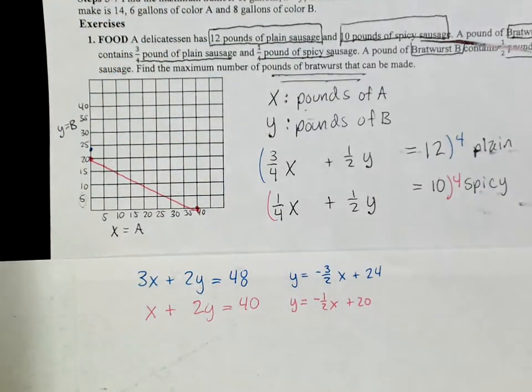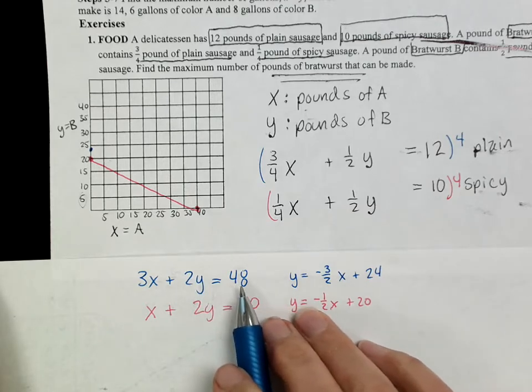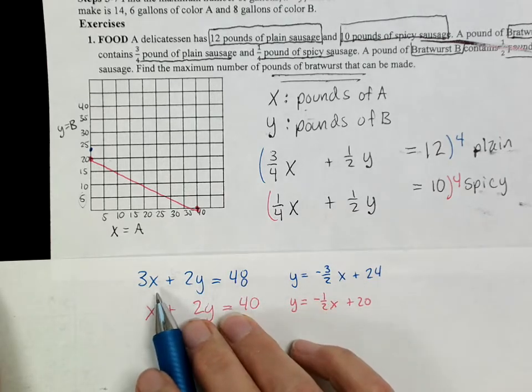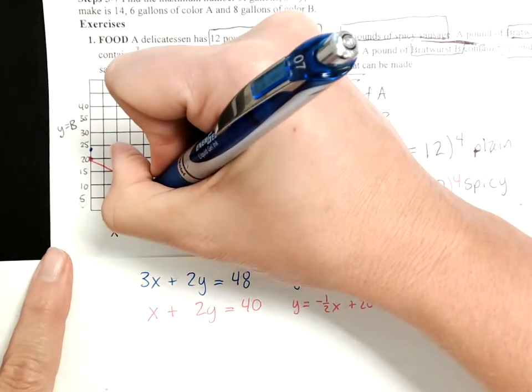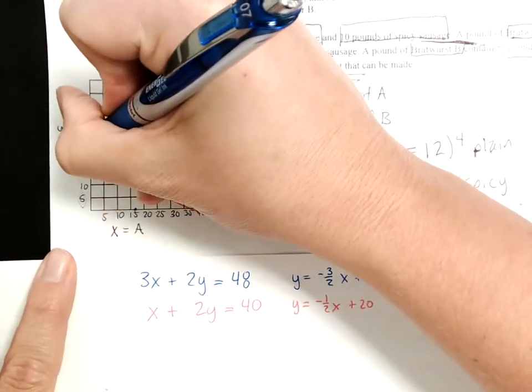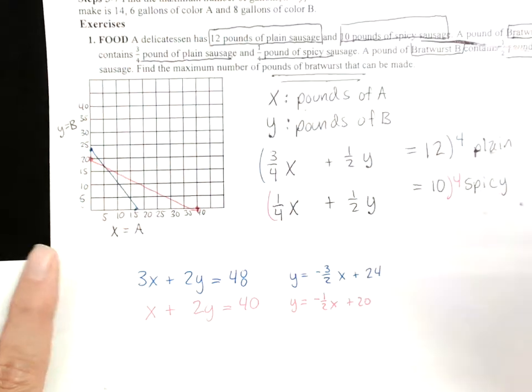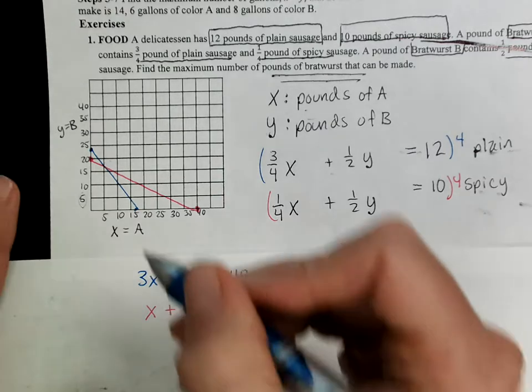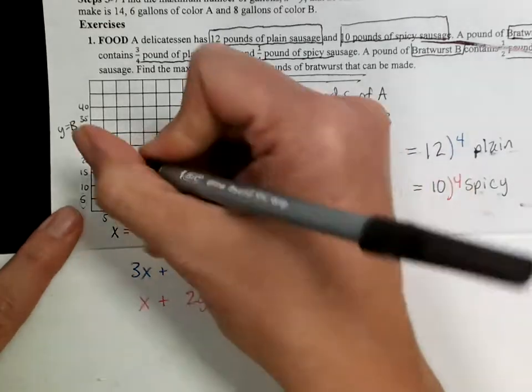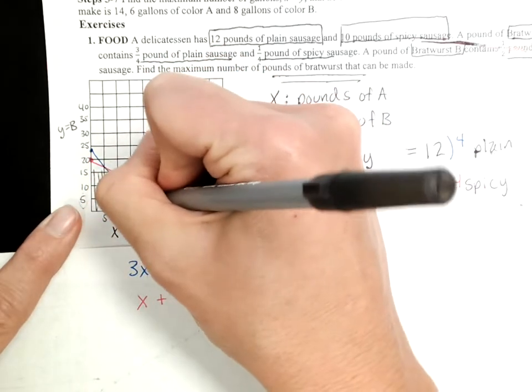For the blue equation, if you plug a 0 in here, 48 divided by 3 is going to be 16. Okay. I know that if I only have 12 pounds and 10 pounds, I need to be less than both of those lines. So my shaded region for this is looking like this area here.